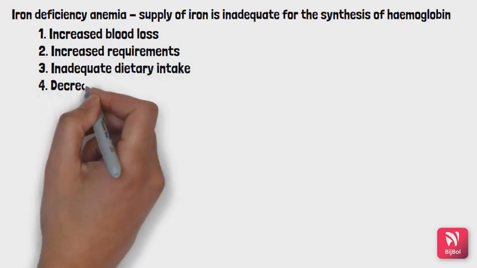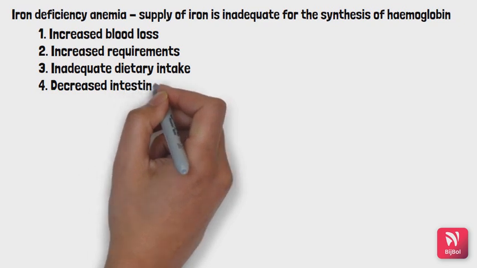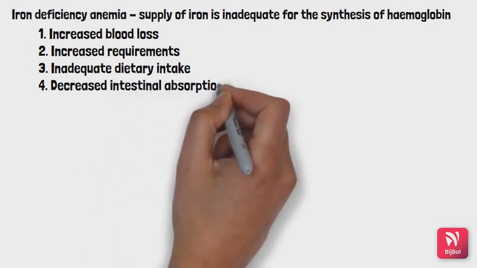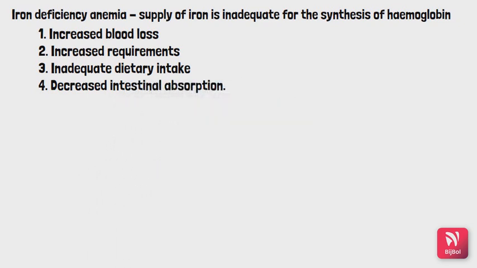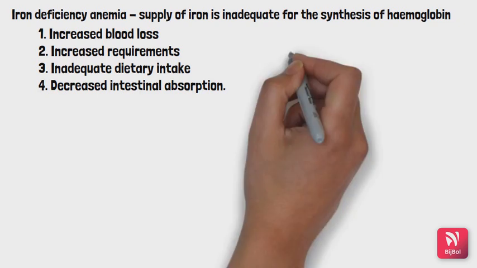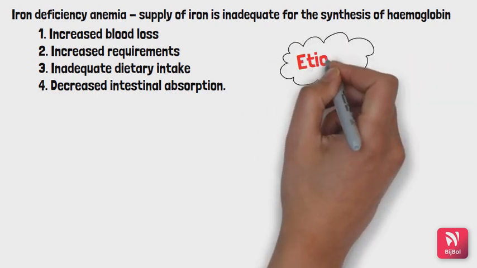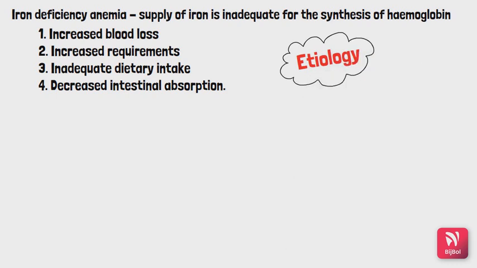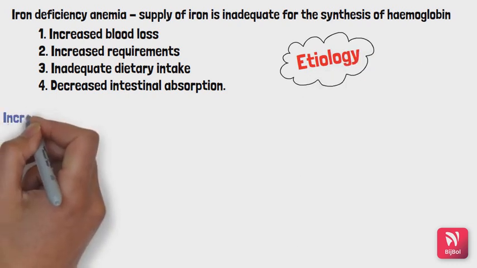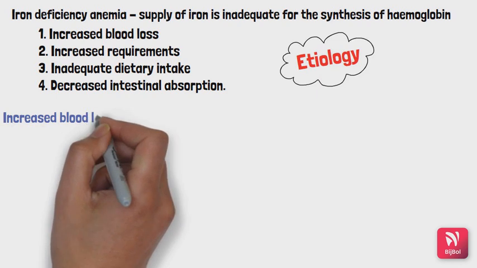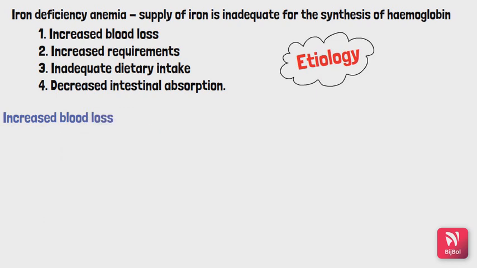There are a few stages in life wherein the body requires more iron compared to other stages. Then inadequate dietary intake: if you don't take a proper diet containing iron, it can result in iron deficiency anemia. And if there is defective absorption in the intestinal cell, that is the duodenal cell, that can result in iron deficiency anemia.